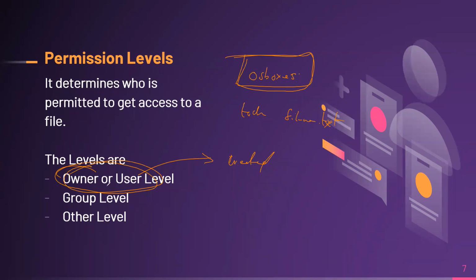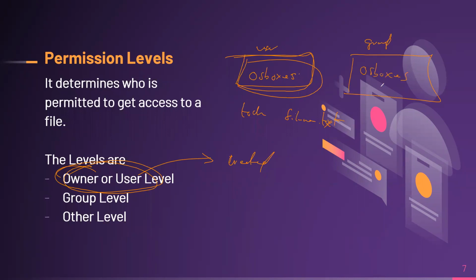Now, in the previous session, we also mentioned that once you create a user, that user is tied to a particular group, and by default, the primary group of every user has the same name as the user. So if you go back to the previous session, you see that if we created a user called OS boxes, that's the name of the user. And at the same time, there is a default group which is created, also called OS boxes.